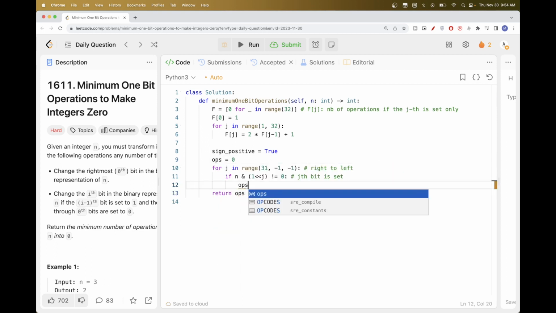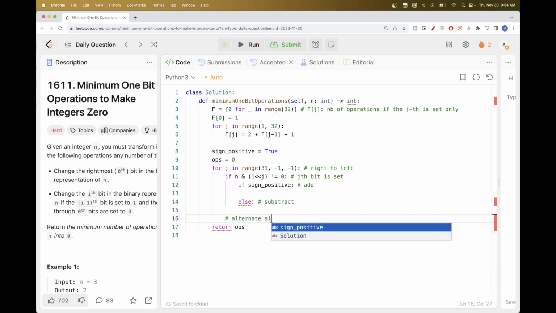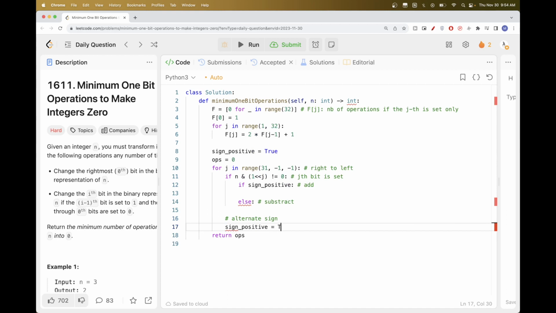So here we said that if the sign is positive, we want to add, otherwise we want to subtract. And we also want to alternate the sign. To do that, we just say sign positive is equal to false if the sign was positive.